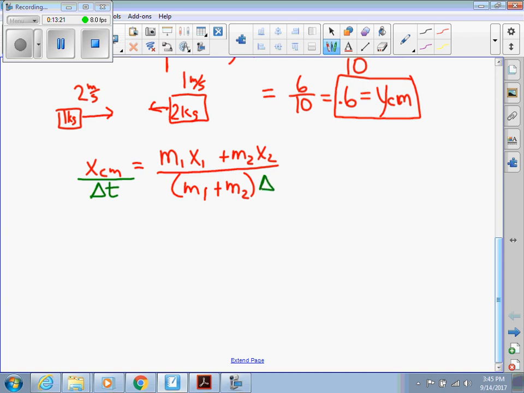And if we divide this by time, we could get the change in velocity of the center of mass of the system.